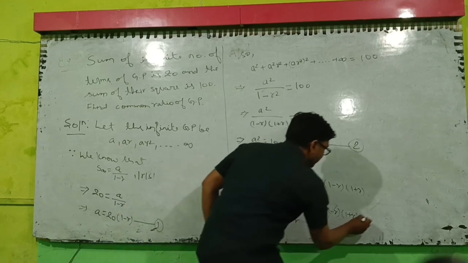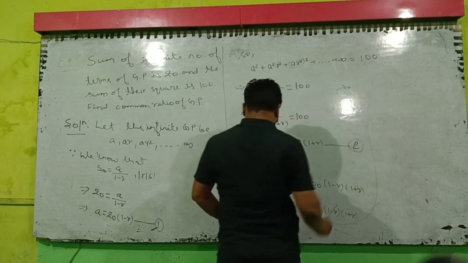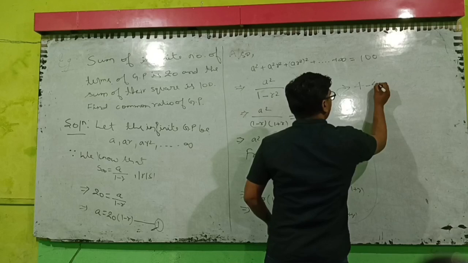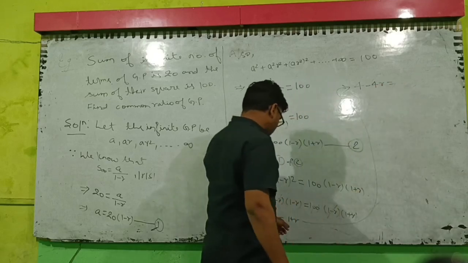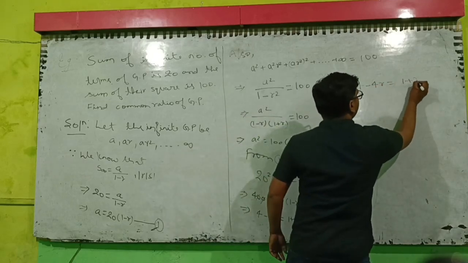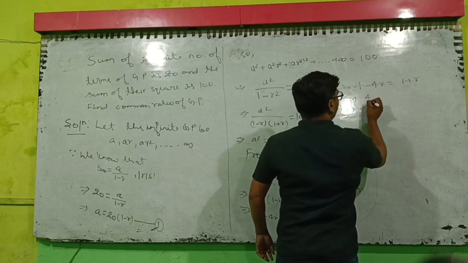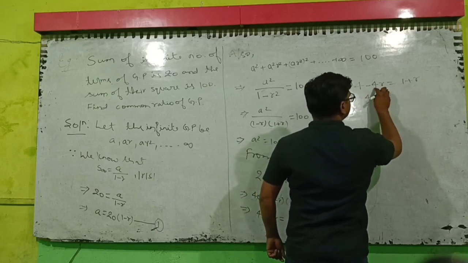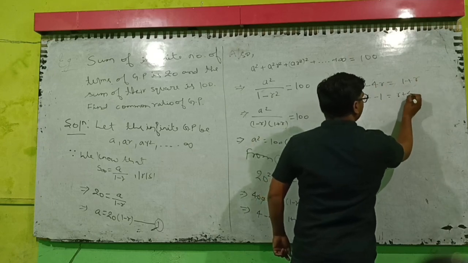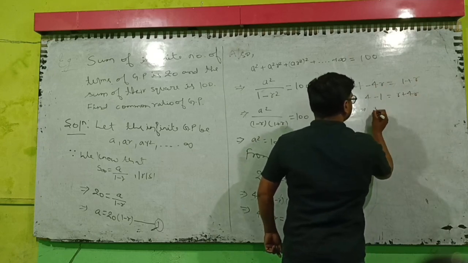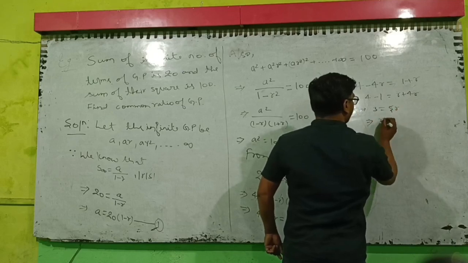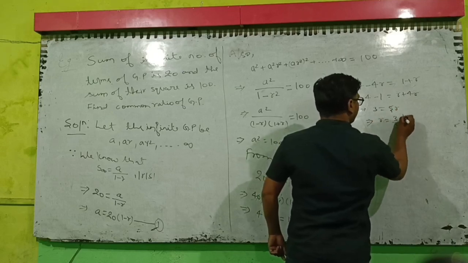Now we come here. So here 4 minus 4r equals 1 plus r. We bring 1 to this side, so it is minus 1, and we take 4r to this side, r plus 4r. This is 5r, 3 equals 5r, and we get r equals 3 by 5.